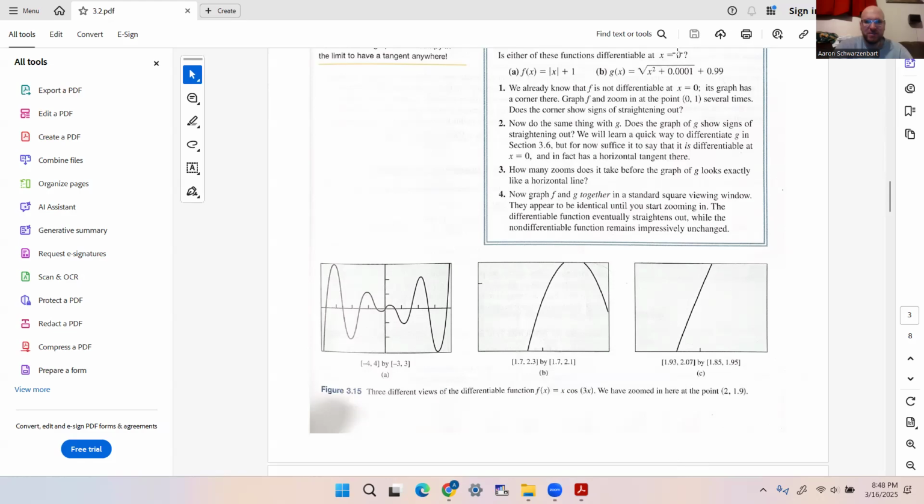Everything we've done so far with derivatives we've had in y equals form. Well, now they're not necessarily going to be in y equals form. For this one, for instance, we have y squared equals x. We happen to know that that's a sideways parabola.